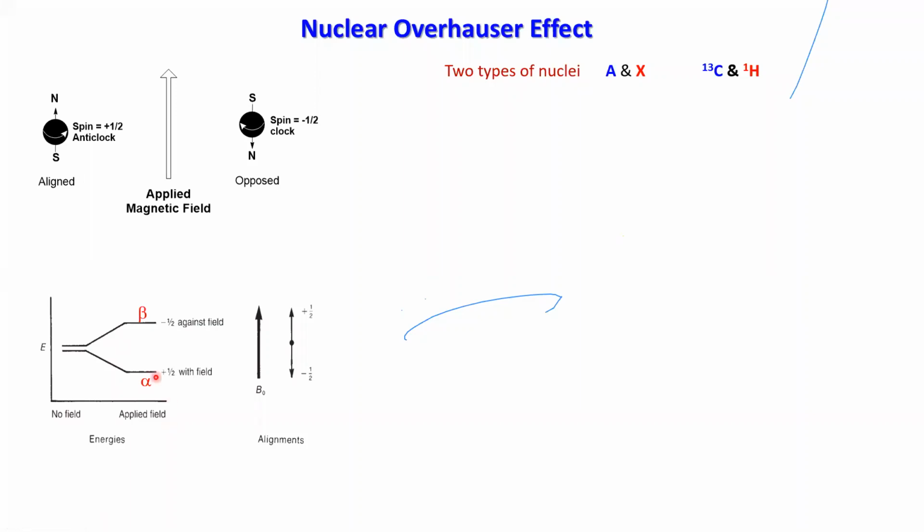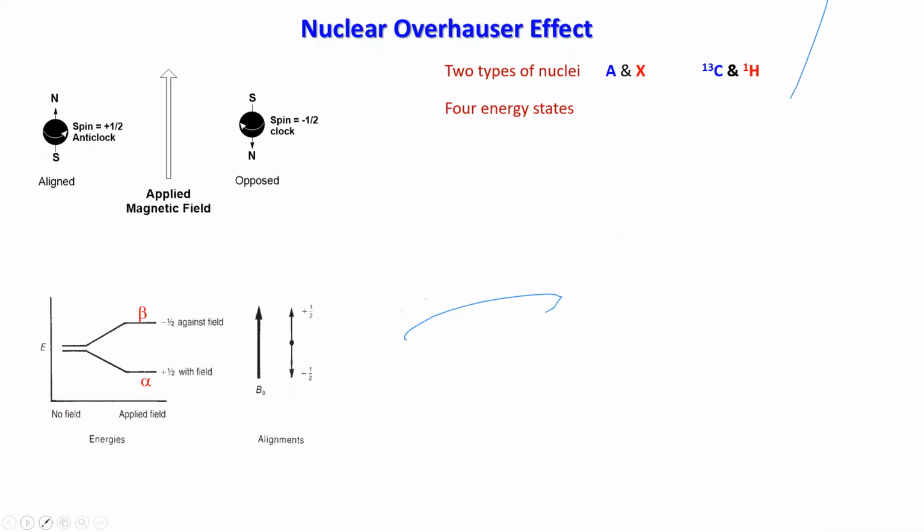So each nucleus has two energy states. If you have two different nuclei that are close enough, how many energy states can you expect? Four energy states, because they will be influencing one another, so each of them will have a contribution there.